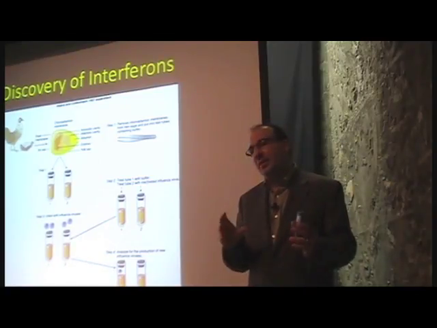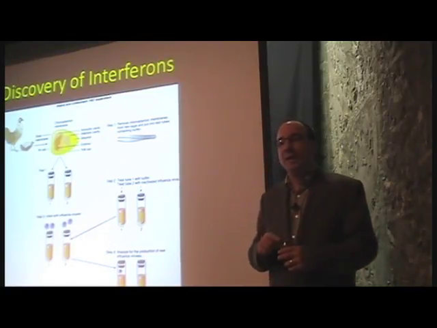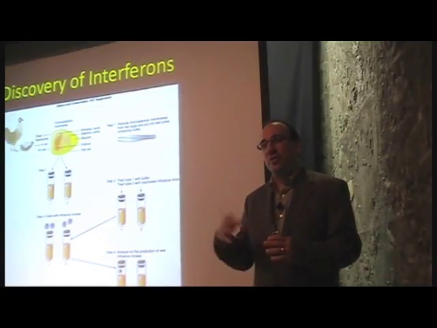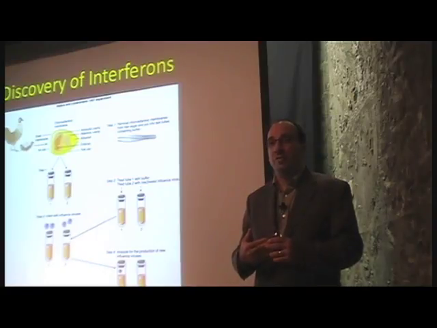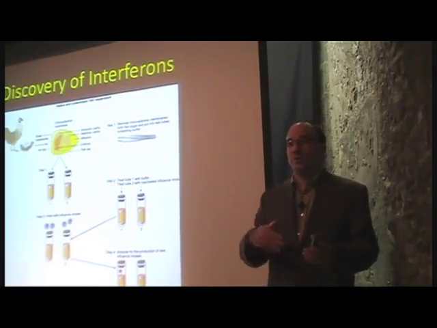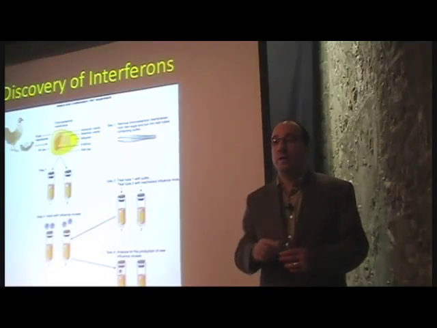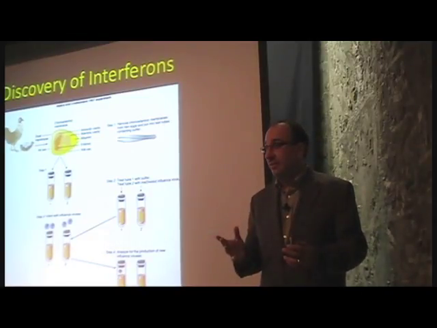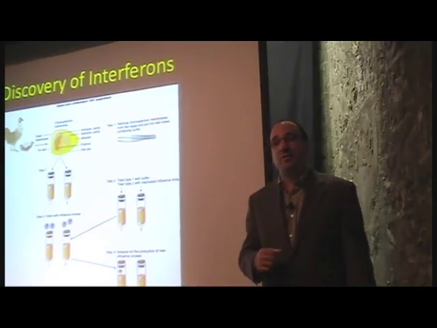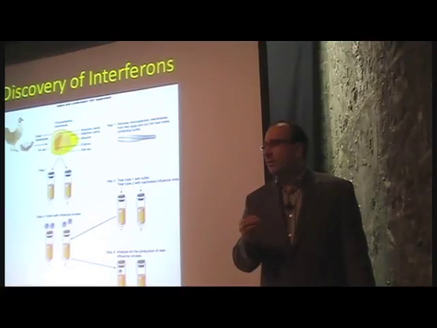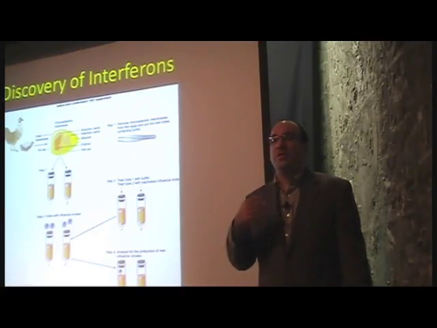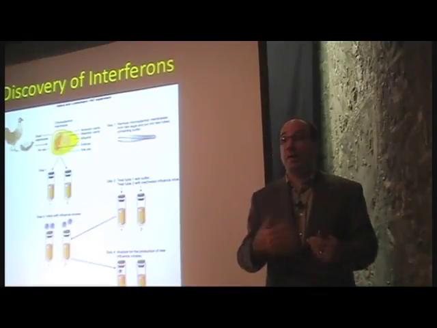What scientists did is they took chorioallantoic membranes and used those as a substrate for viruses to infect. Prior to the development of cell culture, viruses were often cultured on chorioallantoic membranes from chicken eggs. As you'll see when we talk about influenza virus and the influenza virus vaccine, the vaccine is actually still produced on chicken eggs, which is a throwback to this old technology of culturing viruses.